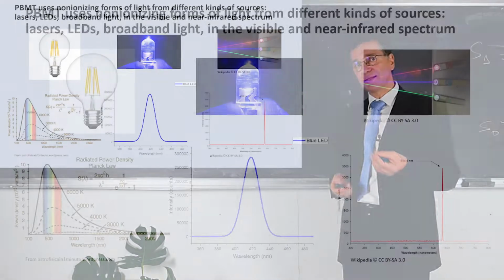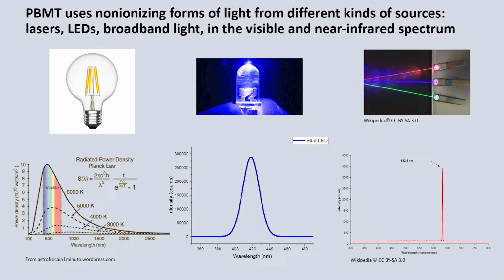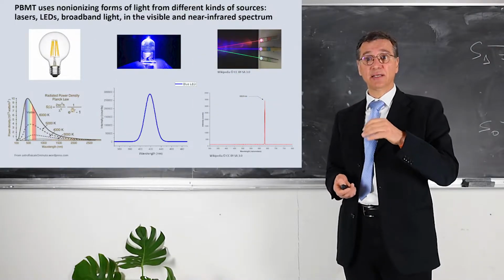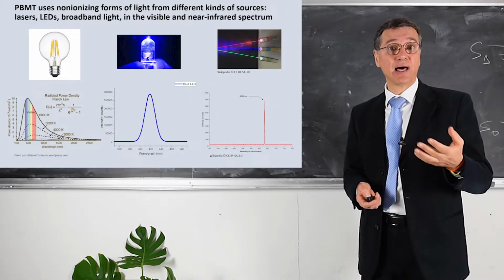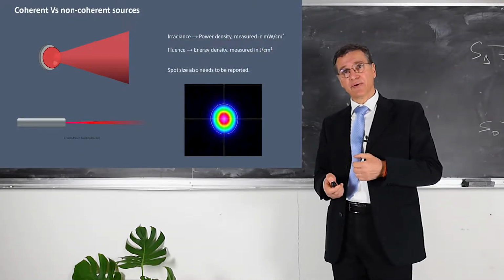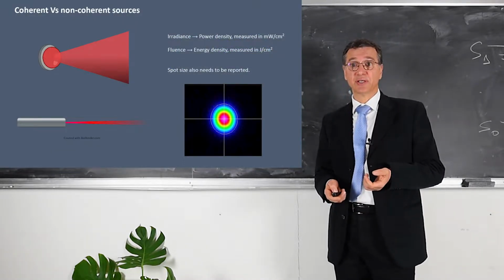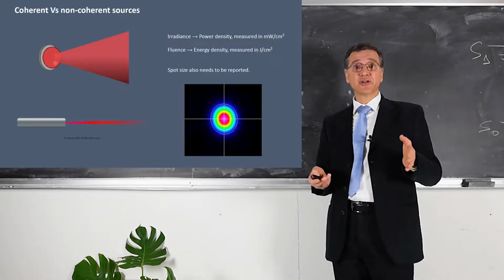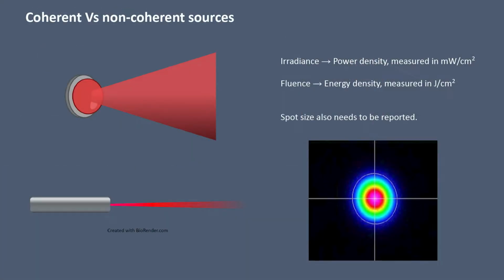I have to say that the density of photons in frequency is much higher with lasers than with LED, than with a lamp, with white light. But another characteristic that we have with lasers is that lasers are collimated. So I'm able to concentrate the photons on a much smaller spot than a LED, which has a much larger illumination.